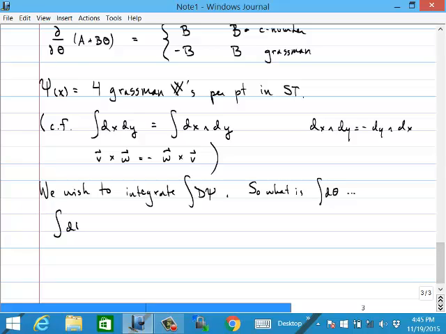In particular, I don't care about doing a definite integral where I integrate from some initial to final value of the Grassmann variable theta. Instead, I want to write down the analog of the complete integral from minus infinity to infinity of some classical variable, some commuting number x.